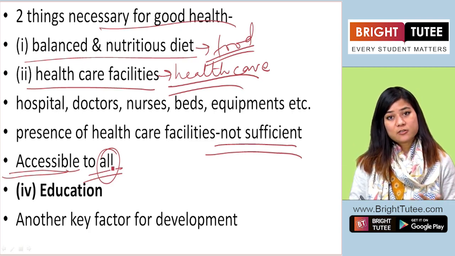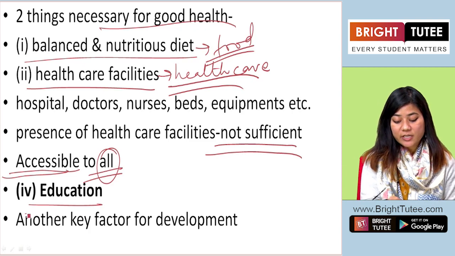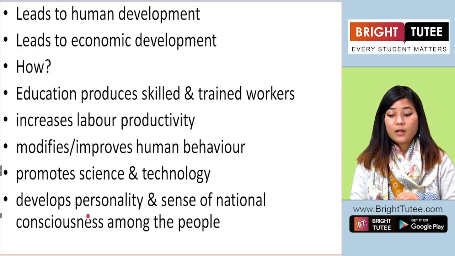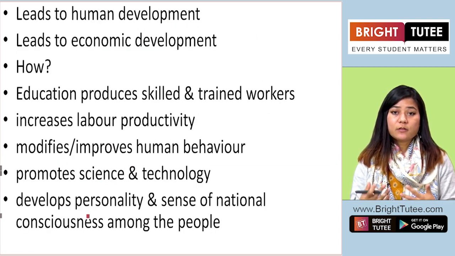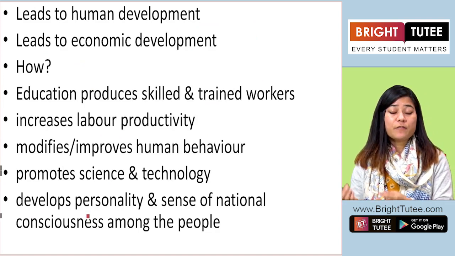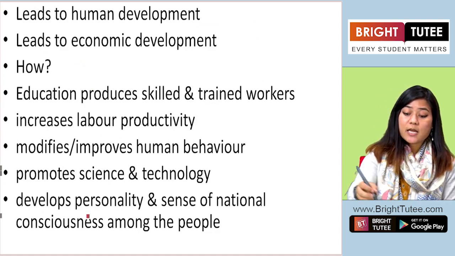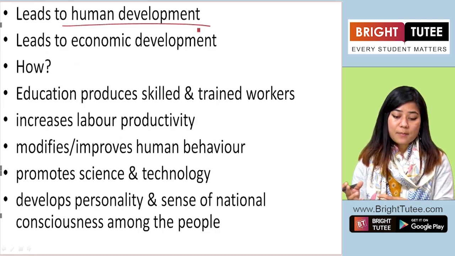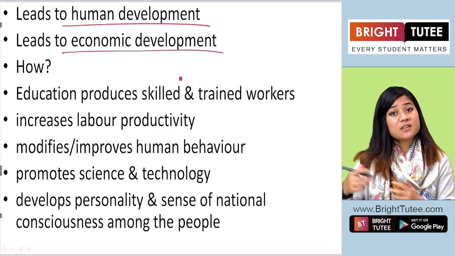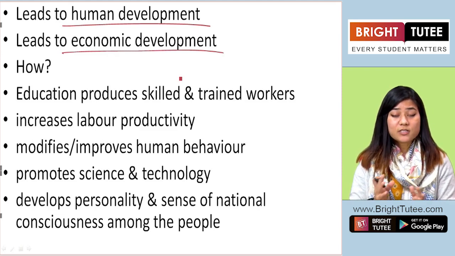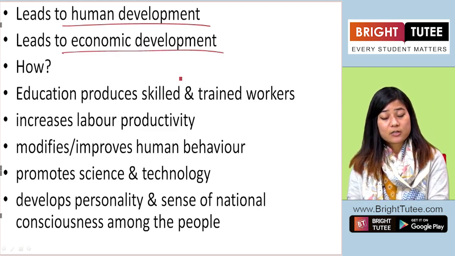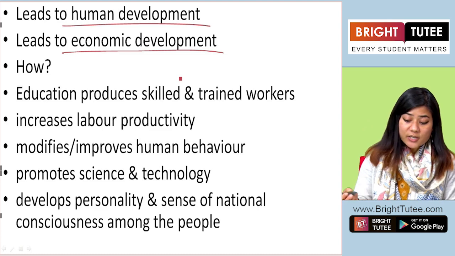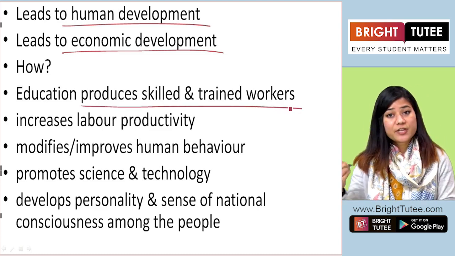Another key factor or key indicator is education. With the provision of education or facilities related to education, human development occurs. With human development, economic development occurs. Now, how does education help in economic development? Education provides skilled and trained workers.